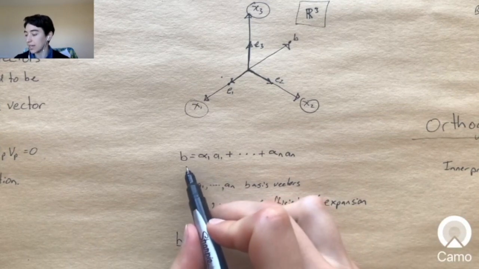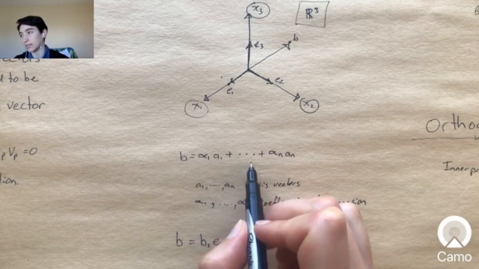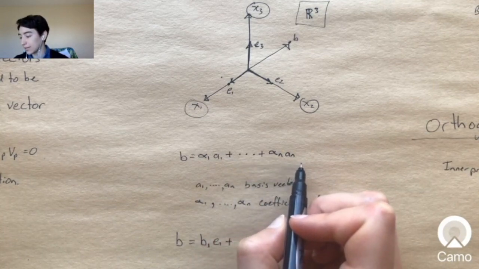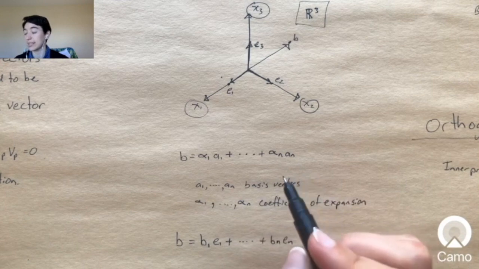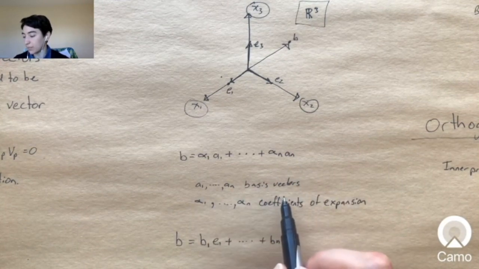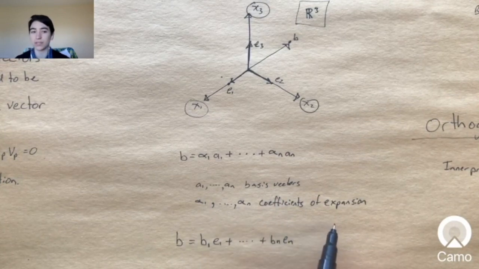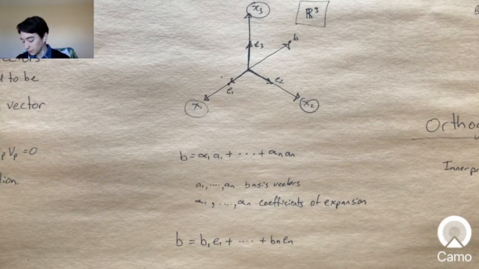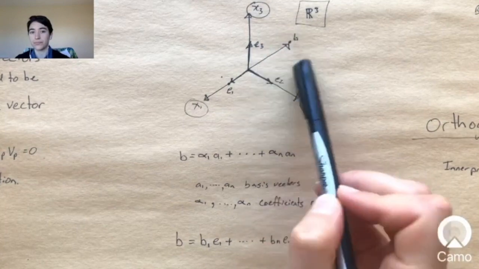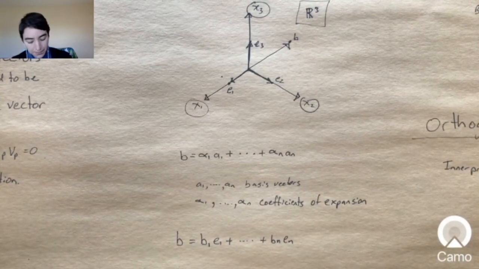So in this case, B is equal to alpha 1 A1 plus alpha 2 A2, and so on, up to alpha n AN, where A1 to AN are basis vectors and alpha 1 to alpha n are coefficients of expansion. So when we talk about having some vector being described by a basis, we call it an expansion of the basis.